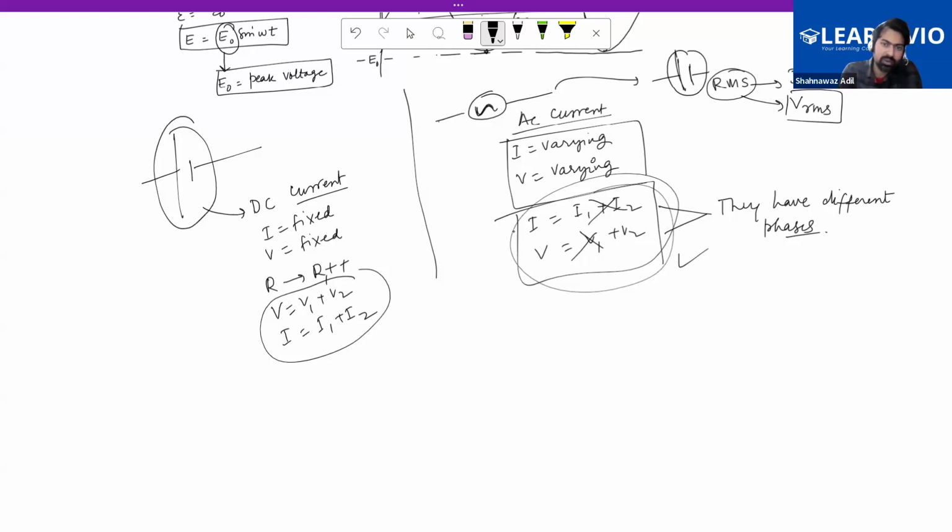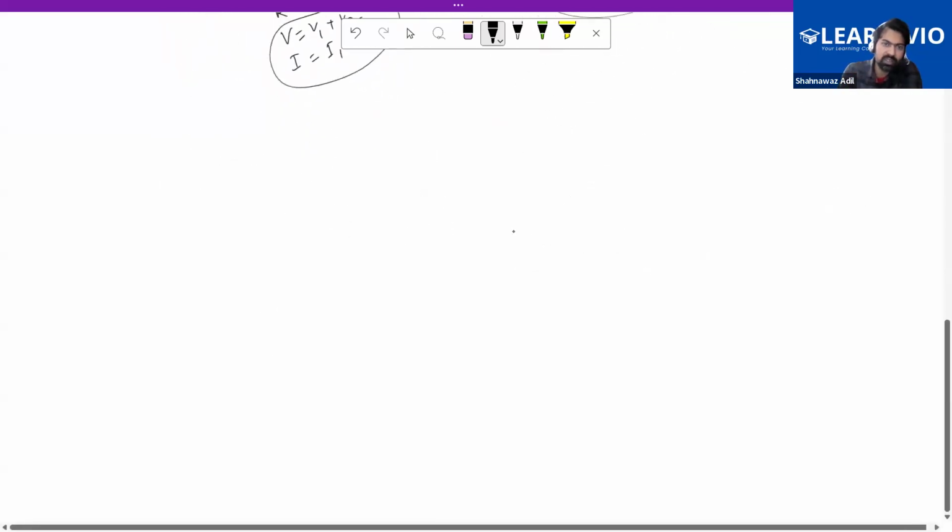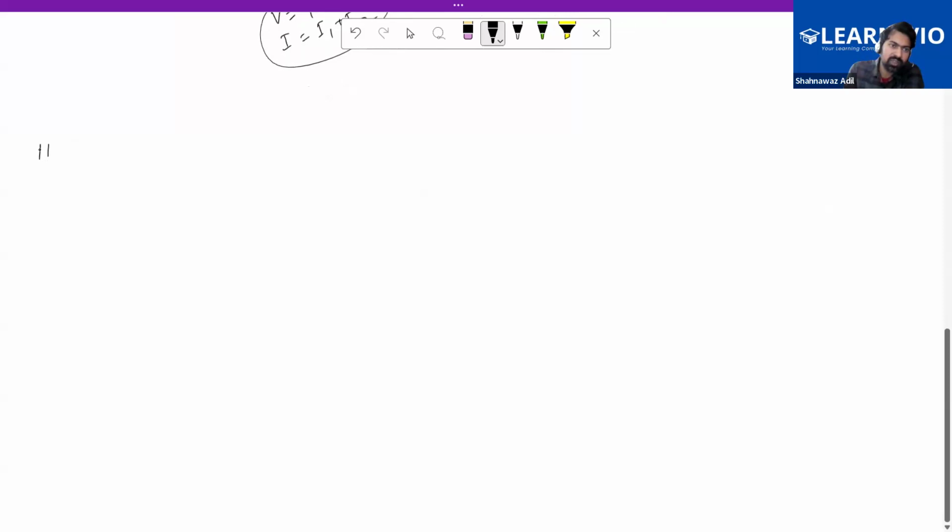So we know that we have this supply. This is the voltage supply that we have, and there are four things in here. One is the peak voltage.